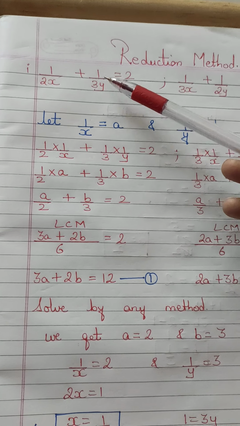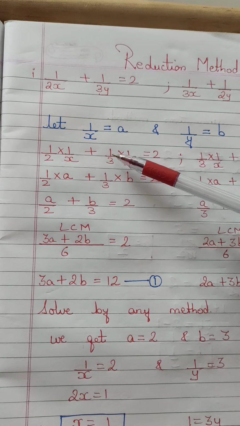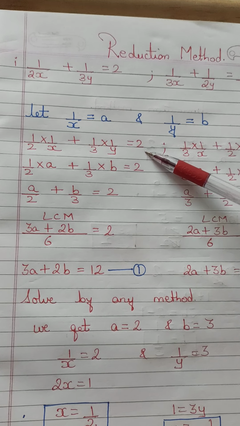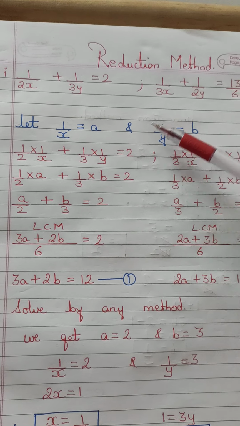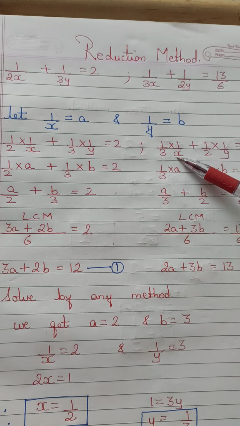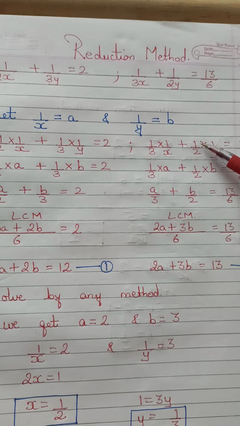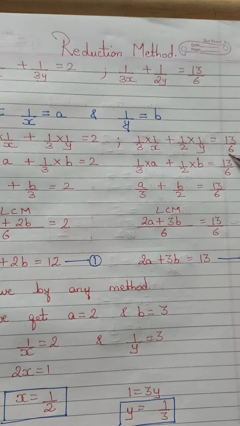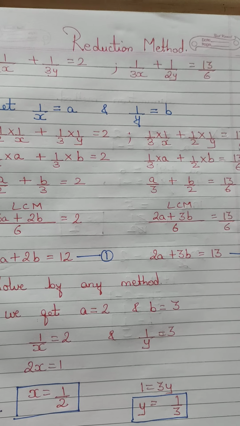Similarly, 1 upon 3y can be written as 1 upon 3 into 1 upon y, which is equal to 2. Alright. Same way, the second equation, I have written 1 upon 3 into 1 upon x plus 1 upon 2 into 1 upon y, which is equal to 13 upon 6. I hope it is clear.